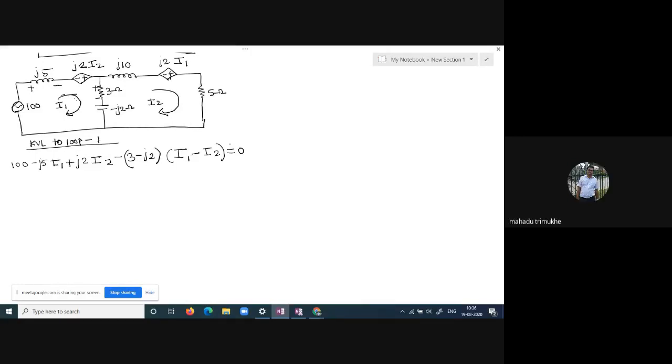Yes, then we'll separate it out. 100 volt, so the minus sign will get plus.